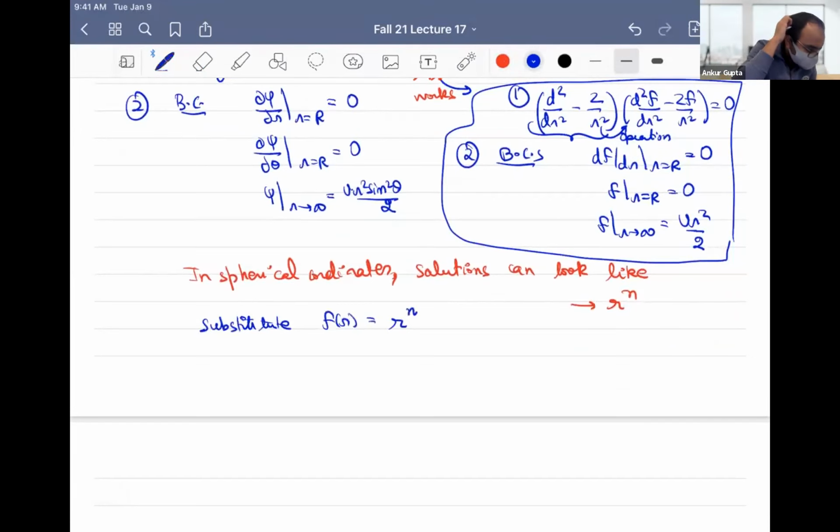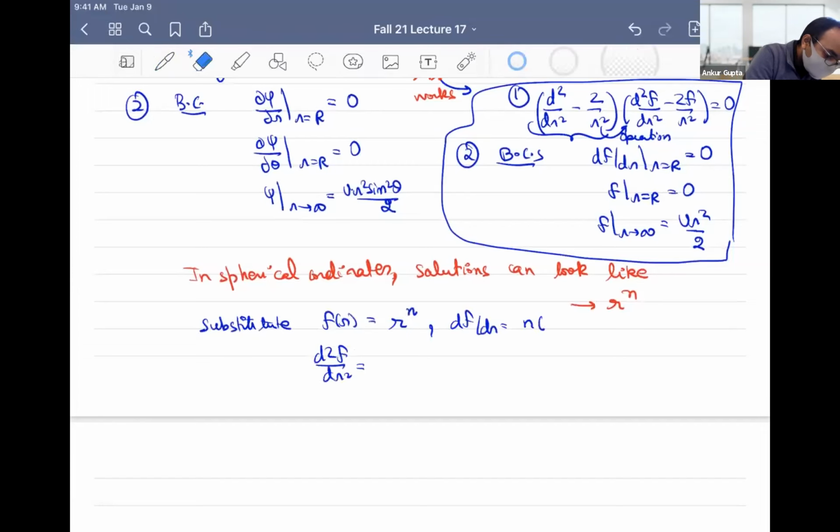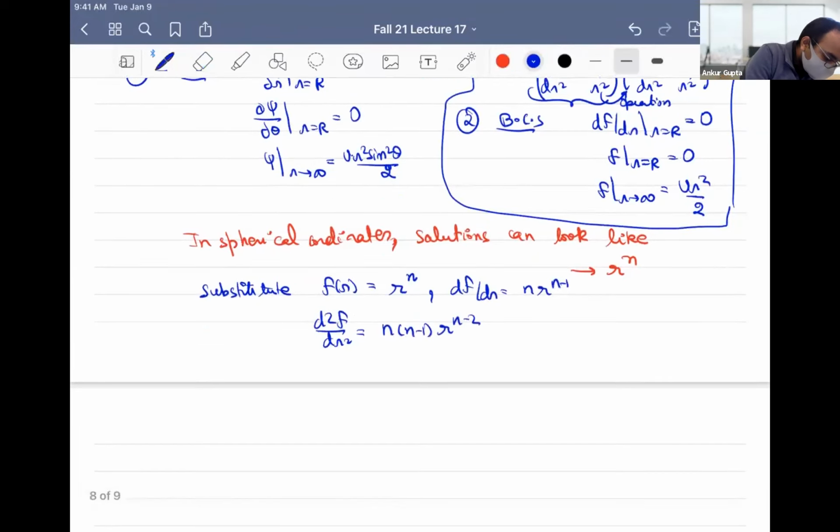If you do that, what would d square f by dr square be? df by dr would be n into r to the n minus 1. I'm just doing a polynomial differentiation. d square f by dr square would be n into n minus 1 r to the n minus 2, right? And then 2f by r square is 2 times r to the n minus 2.